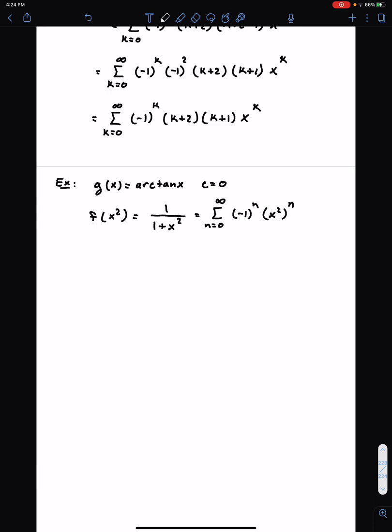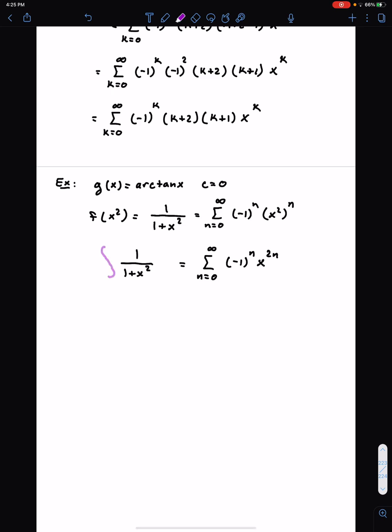So notice that the integral of 1 over 1 plus x squared is equal to the arctangent of x. So 1 over 1 plus x squared is equal to the series from 0 to infinity, negative 1 to the n, x to the 2n.